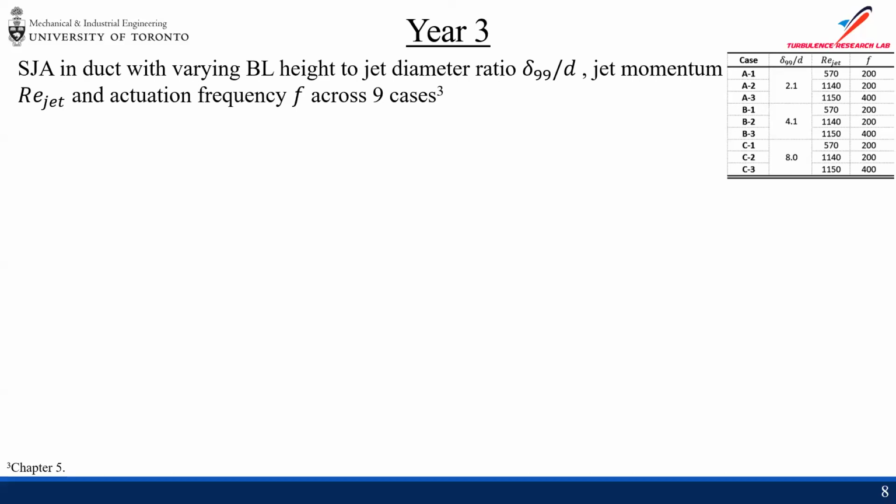In this case, I'm varying three sets of different variables. First of all, I look at the boundary layer to jet diameter ratio, delta 99 to D. Then I looked at the jet momentum or jet strength through adjusting the Reynolds number of the SJA. And then finally, I looked at what happens when I adjust the actuation frequency.